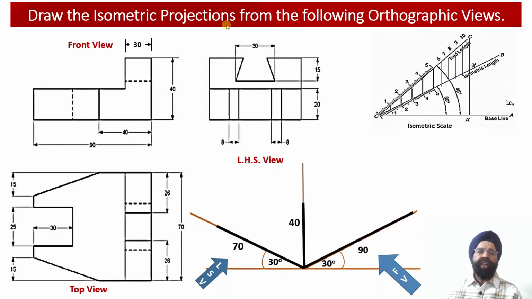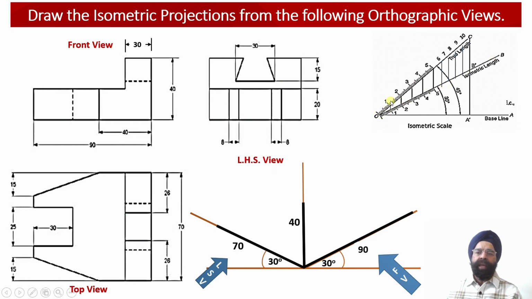So now in order to convert the orthographic projections into the 3D isometric projections, we are required to convert the true length dimensions available with us in the orthographic projections into the isometric length dimensions.